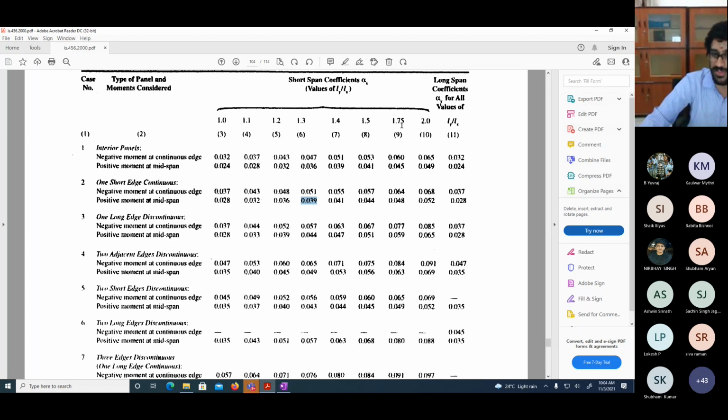It's directly 1.75. So, no, just tell me, do you think 1.63 is approximately midway between 1.5 and 1.75? Is it approximately midway? Yes, 1.63 lies almost at the middle, no?